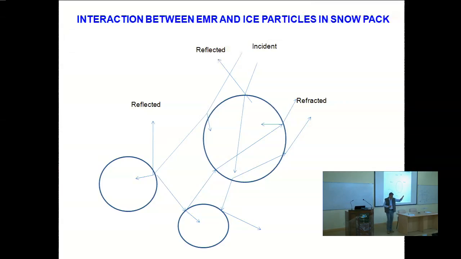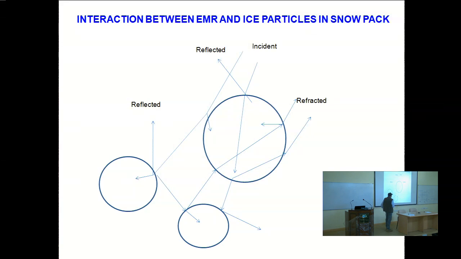So the trick of going from very high albedo to low albedo is done by this air which is trapped between. As the incident radiation comes in, it changes its direction a little because of the difference in refractive indices, and it comes out.